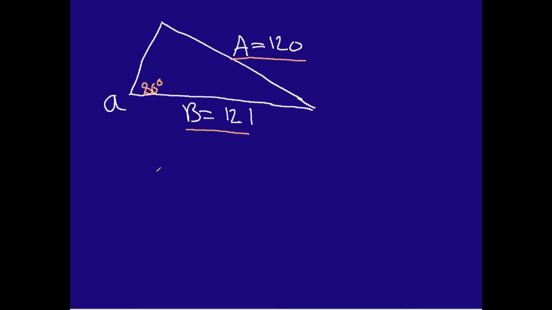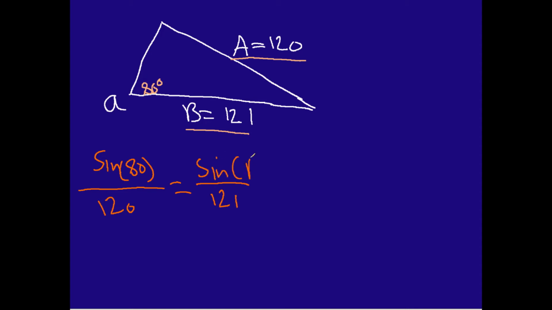So let's get started. I know sine of 80 degrees, so I'm going to use that information. Sine of 80 degrees over 120 equals, and the only other thing I know is the side length of B, so I'm going to put that in here: 121 over sine of beta, but I don't know what sine of beta is.